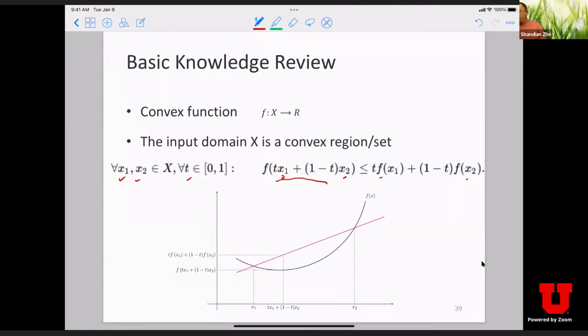So basically, the function value of the combination is less than or equal to the combination of function values.